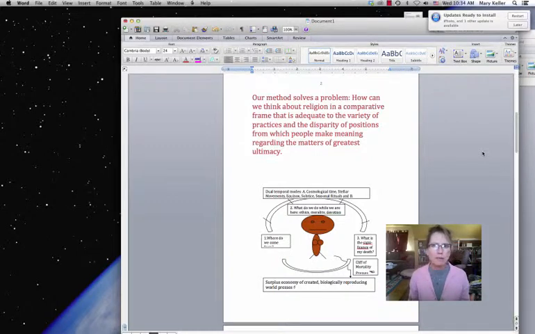He solves a problem then. How can we think about religion in a comparative frame that is adequate to the variety of practices and the disparity of positions from which people make meaning regarding the matters of greatest ultimacy?